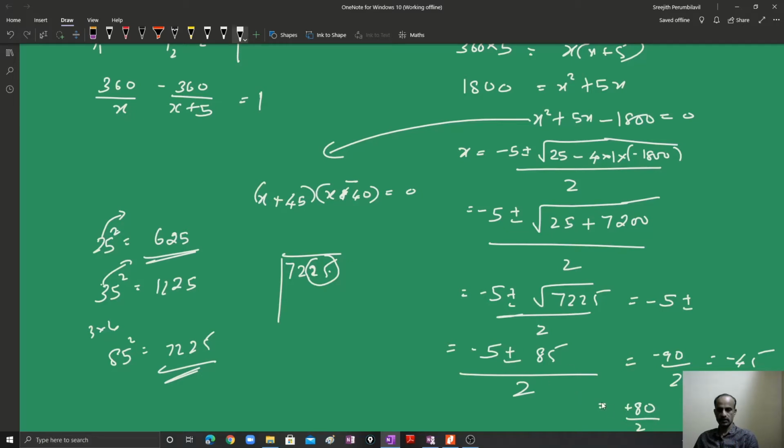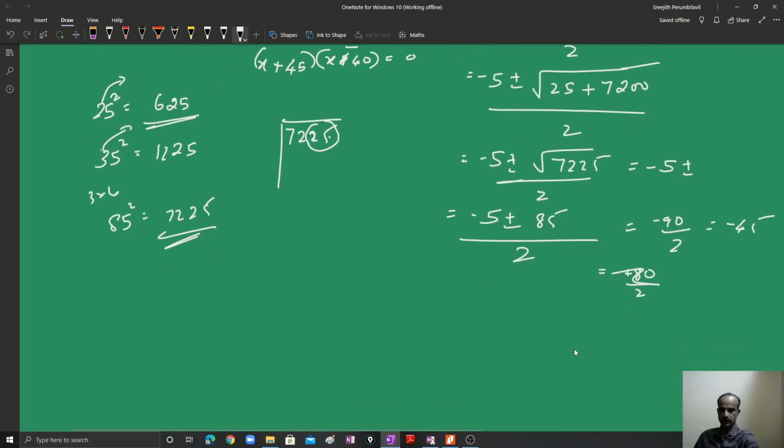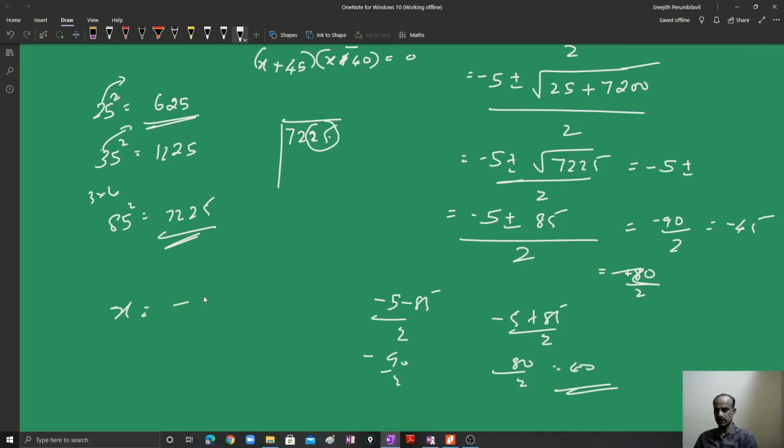The two cases I will write: minus 5 minus 85 by 2, that is minus 90 by 2, and minus 5 plus 85 by 2, that is 80 by 2, that is equal to 40. So x is equal to either minus 45 or x is equal to 40.